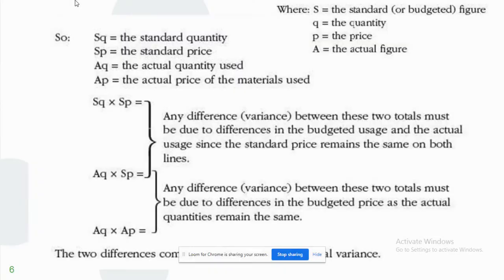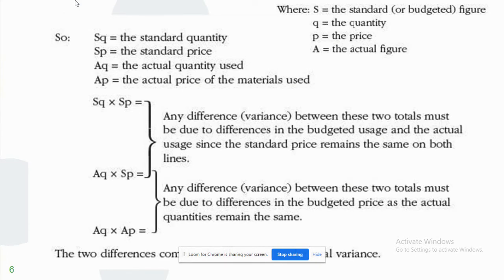To have a rundown of how this is done, we denote standard figure as S, quantity as Q, price as P, and A as actual figure. So SQ is standard quantity, SP is standard price of the material, AQ is actual quantity of material used, AP is actual price of material used.